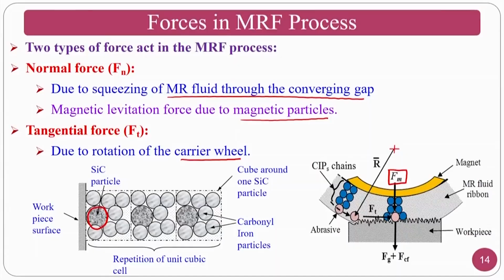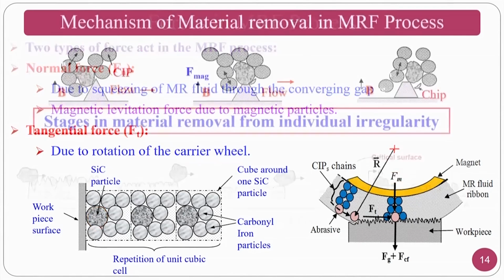The number of CIP particles and other rheological additives will hold the abrasives, along with the magnetic field strength. This shows the repetition unit of a cubic cell, where abrasive particles are held between the magnetized particle chains, that is, CIP particle chains.